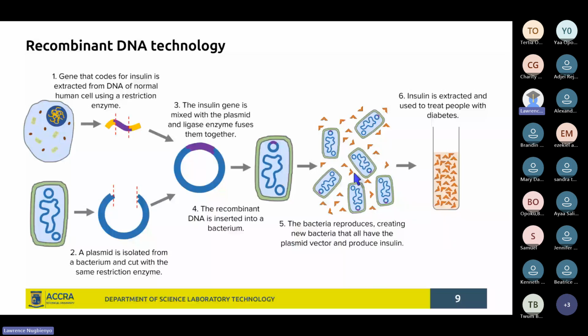And these can then be separated, harvested, purified, and then used as an active ingredient to produce some pharmaceutical product for the management of diabetic conditions.